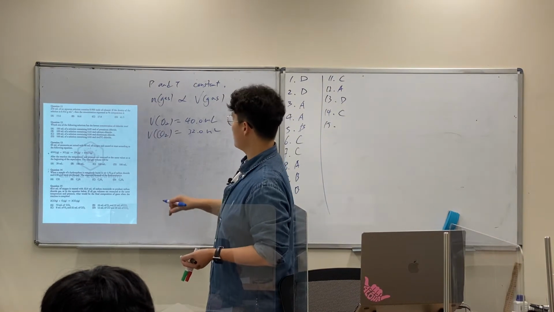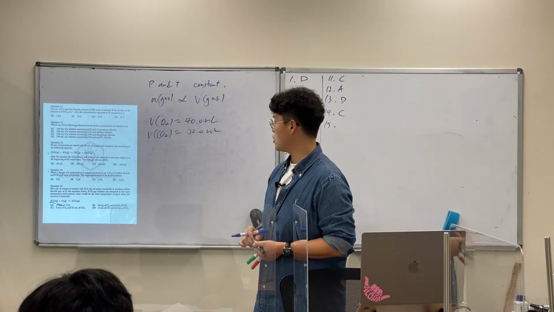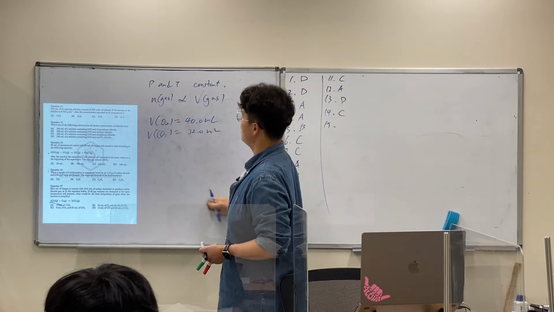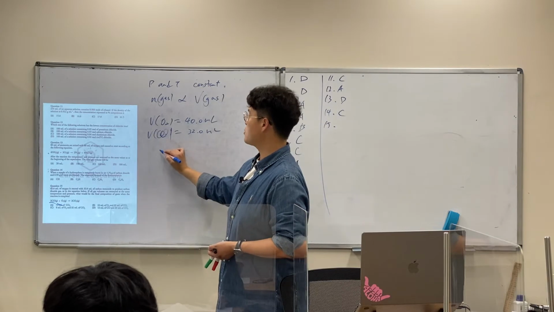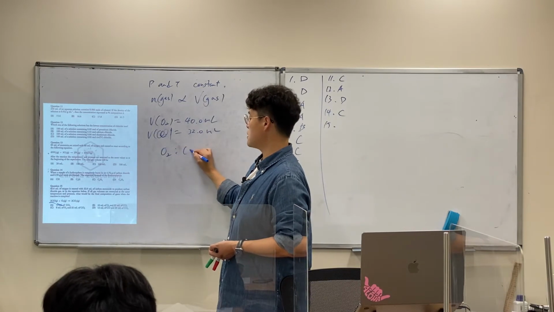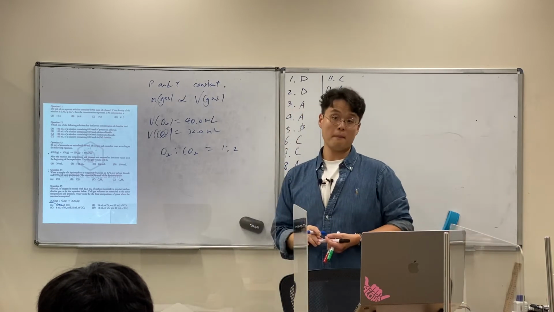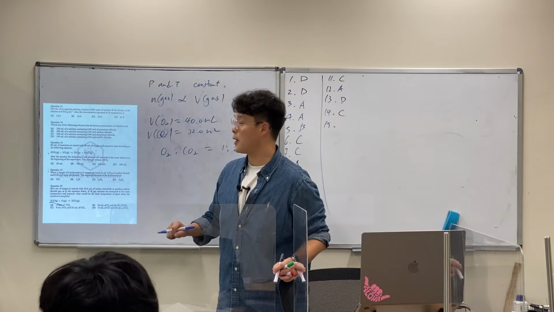Okay, so thinking about the reaction ratio here, O2 and CO, carbon monoxide, sorry, it's not CO2, just CO. The reaction ratio for O2 to CO is 1 to 2. Does it make sense? It is a very similar question to question 13, by the way.